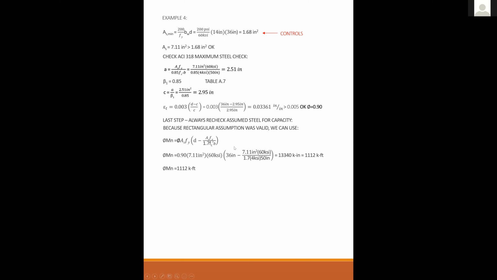I have a question, Professor. Okay. Can you go back one slide? There we go. Yeah. So we're only concerned with a, whether it's greater than or less than the thickness, right?